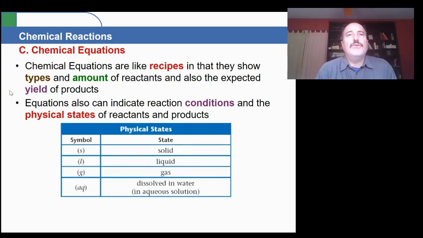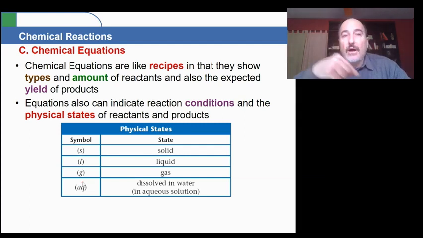You will often see the physical states at the end of each substance, like a subscript in parentheses: S for solid, L for liquid, G for gaseous form. AQ indicates that it has been dissolved in water, in other words, an aqueous solution.